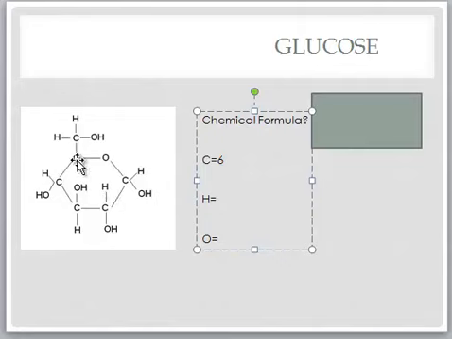Up next is hydrogen. 1, 2, 3, 4, 5, 6, 7, 8, 9, 10, 11, 12. There are 12 hydrogen atoms. I'm going to double check myself. It seems like I might have missed one. So I'm going to double check my counting.